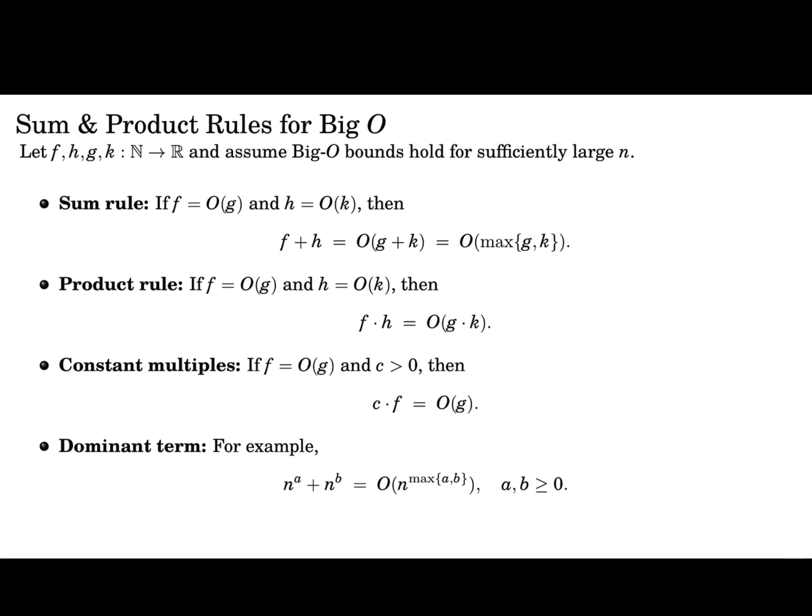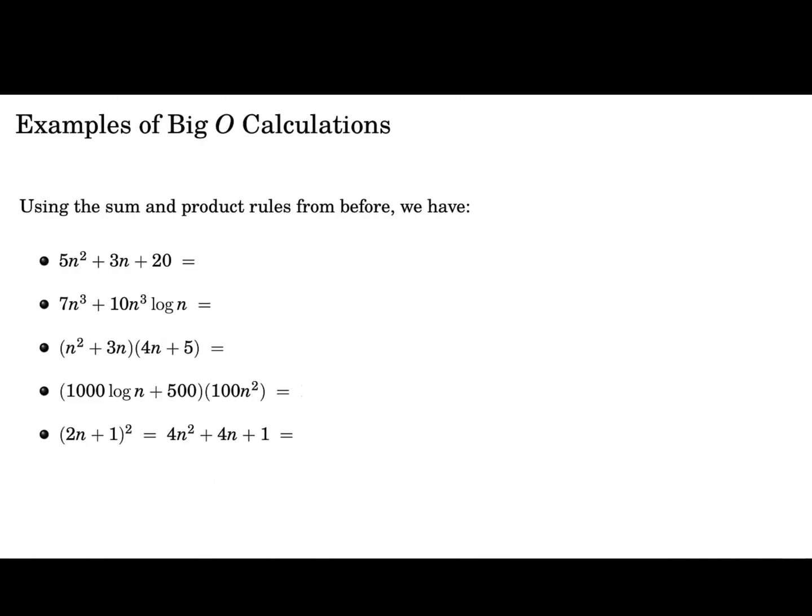Maybe the easiest thing is just to see some examples. Let's say we want to compute these big O's here. Here we can use the sum rule essentially. So this is just going to be big O of the sum: big O of n squared, big O of n, and a constant.